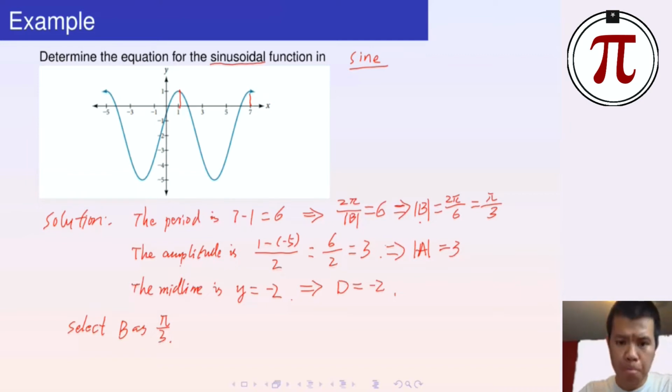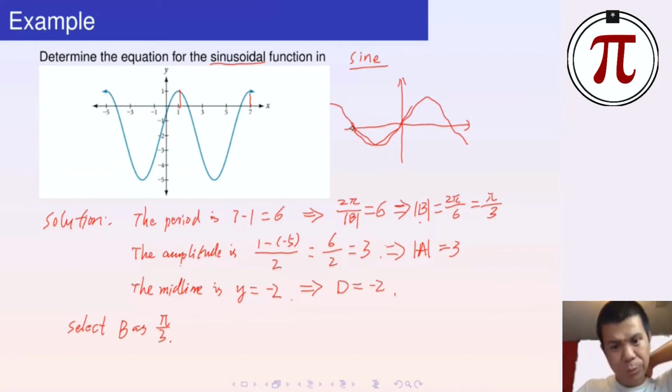And for a, we need to know something about sine. If you remember, the sine curve looks something like this. It goes through 0, goes up and then goes down.